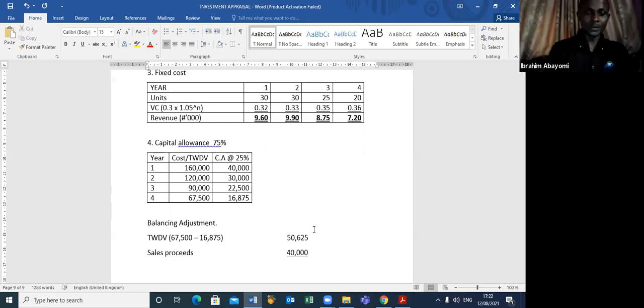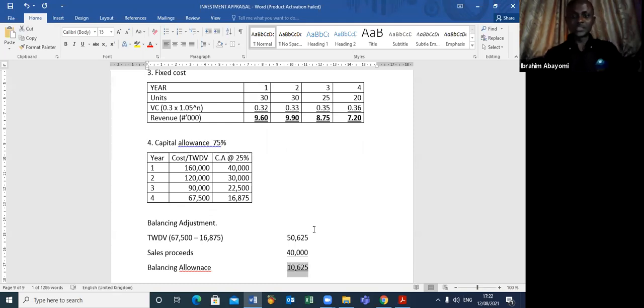This is going to be a balancing allowance. So balancing allowance of 10,625. That's the balancing allowance.